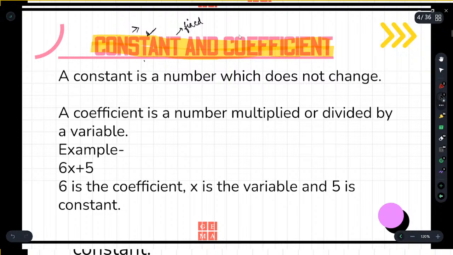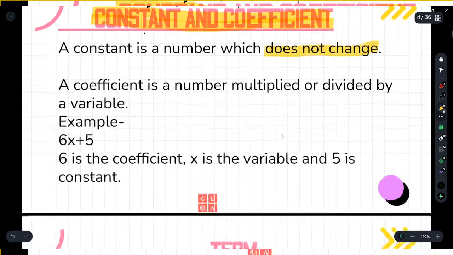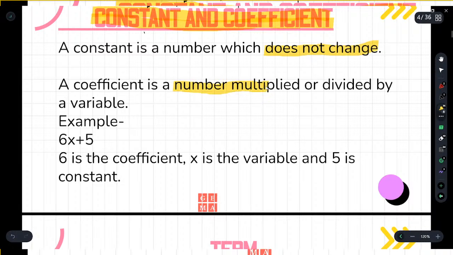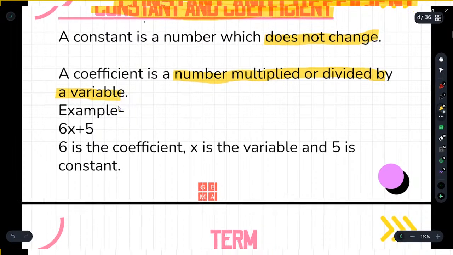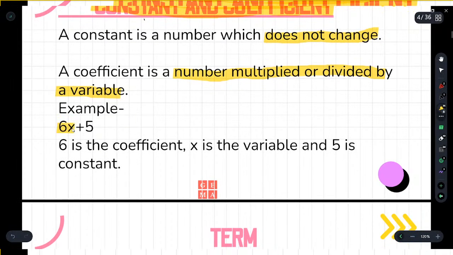And co means together, and coefficient means that it is something with the variable. It is together with something. So a constant is something which does not change, and a coefficient is a number multiplied or divided by a variable, or a number which is together with a variable, like the 6x.